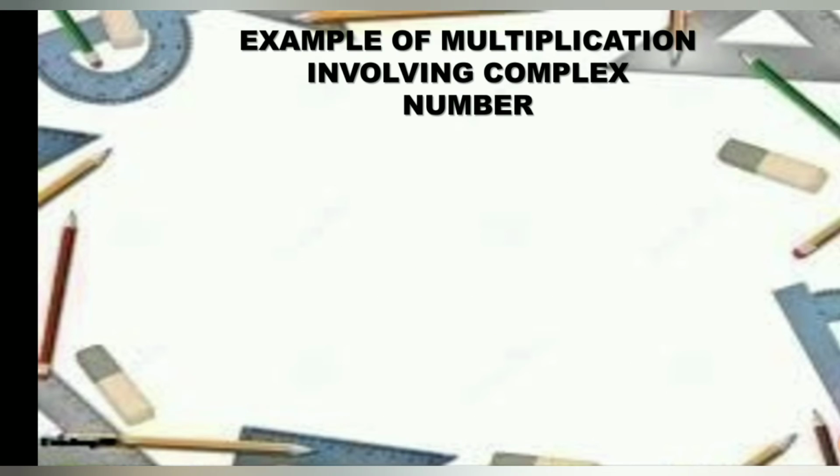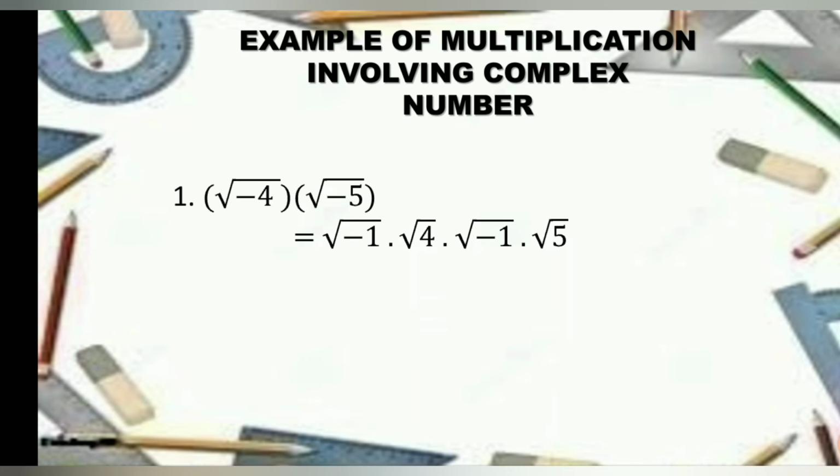The last example is multiplication involving complex numbers. First, the square root of negative 4 times the square root of negative 5. First we rewrite the square root of negative 4 as the square root of negative 1 times the square root of 4, and likewise for the square root of negative 5, the square root of negative 1 times the square root of 5.